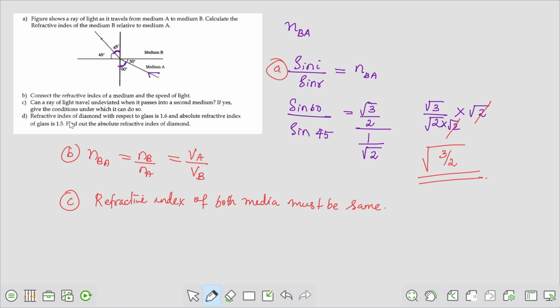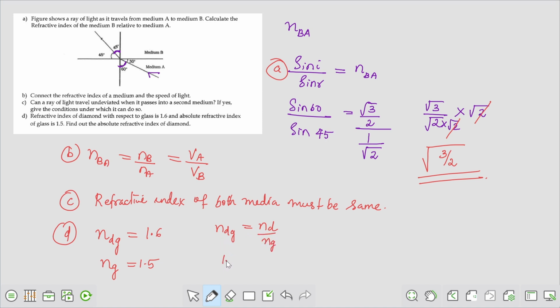Now D. The refractive index of diamond with respect to glass is given as 1.6, and the absolute refractive index of glass is 1.5. That means NG is 1.5. Now you have to find the refractive index of diamond. So we can write NDG, which is equal to ND by NG.